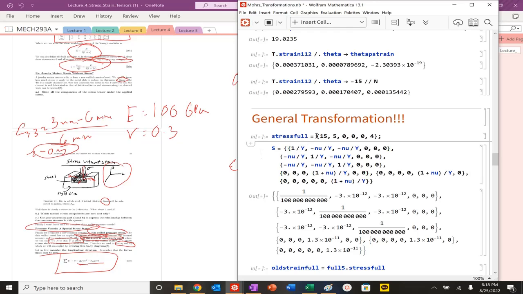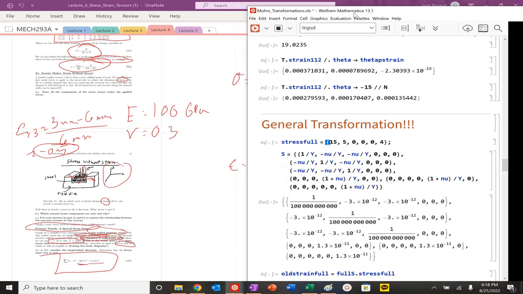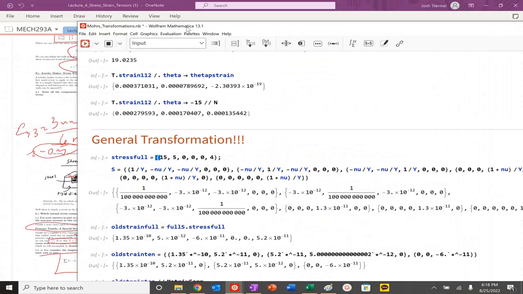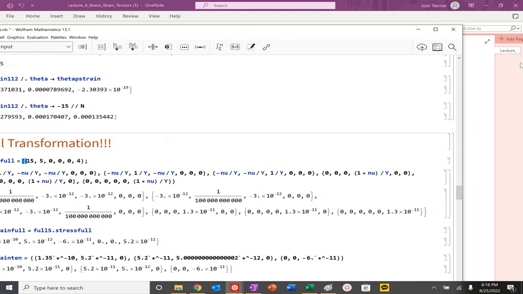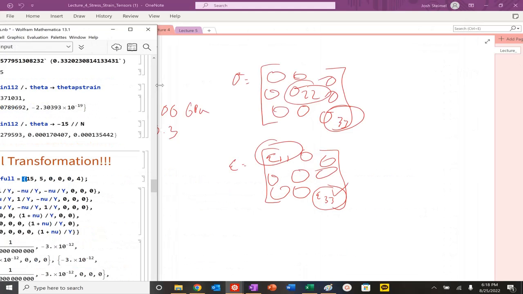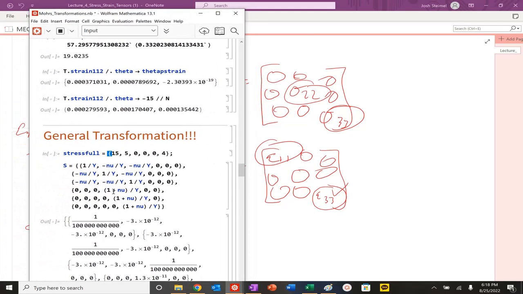So let's define our stress state. Remember, we did not know our sigma 1,1, we did not know sigma 2,2, actually we knew sigma 1,2 was 0, excuse me. Sigma 3,3 we did not know, and the rest of them are all 0. So that's our stress full.